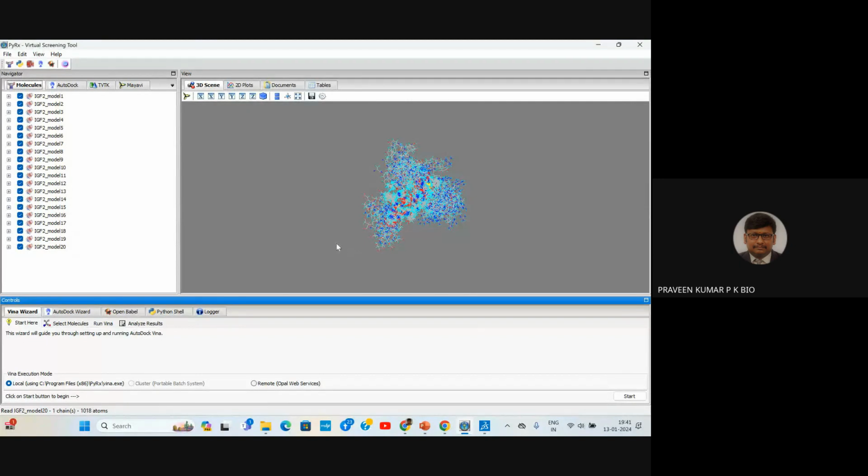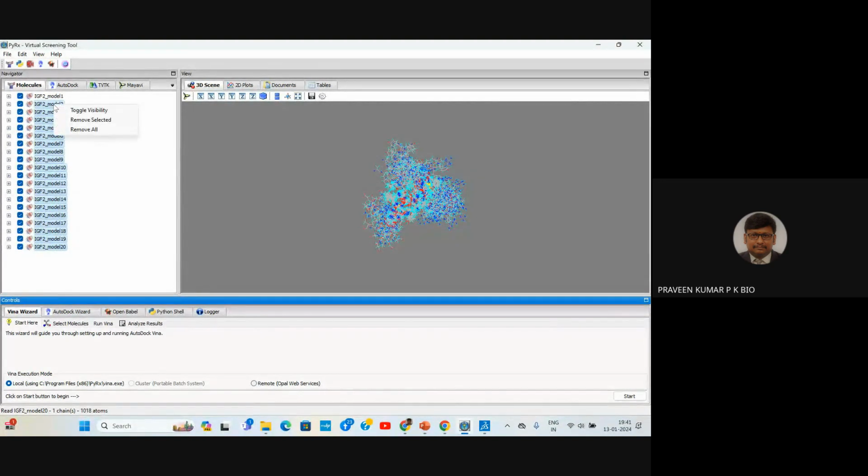But see here, the IGF2 molecule I have downloaded is a hypothetical protein downloaded from the PDB database. I got nearly 20 models for it. It's a model protein, so I got 20 models. There is no need to use all these 20 models. The first model might be the best model during generation.